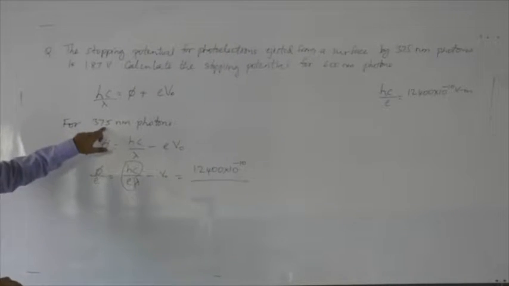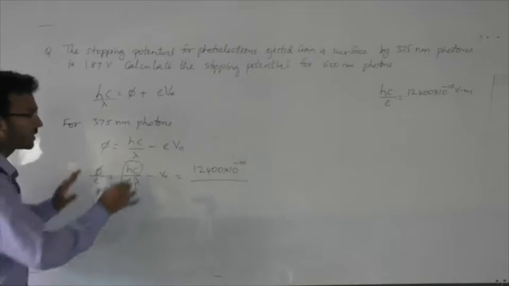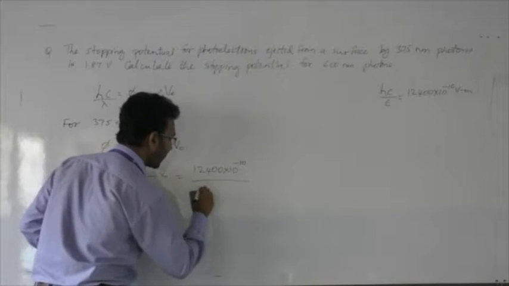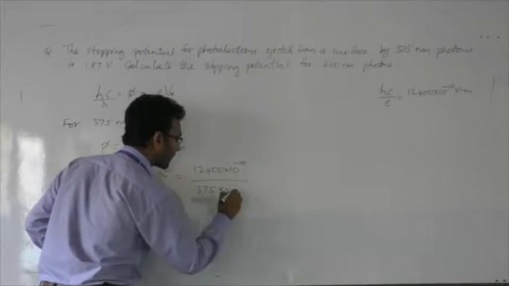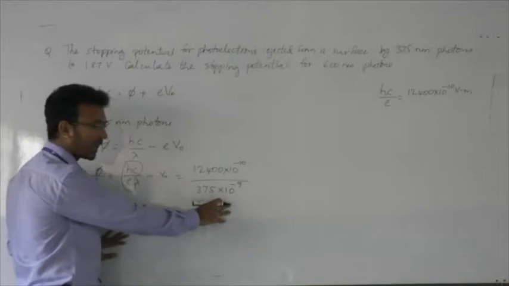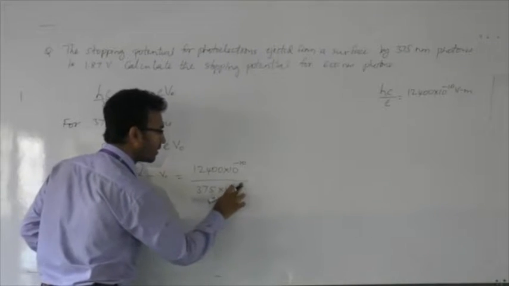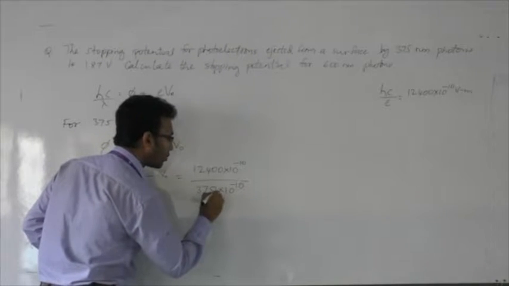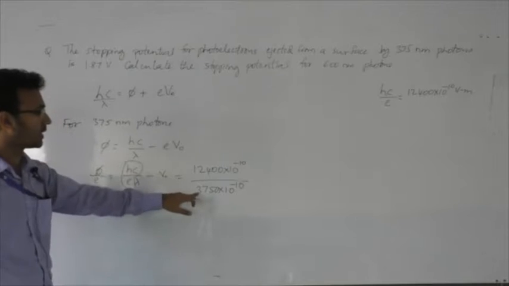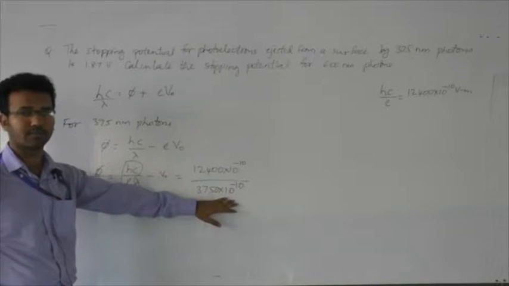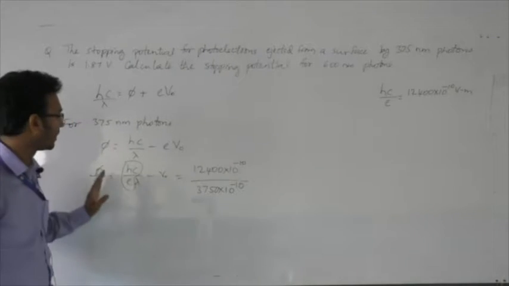Lambda is 375 nanometers, and 1 nanometer is 10 power minus 9 meters. So 375 into 10 power minus 9 meters. Since this is 10 power minus 10, I'll add one more 0 here, so it becomes 3750 into 10 power minus 10, so that I can easily cancel these terms.